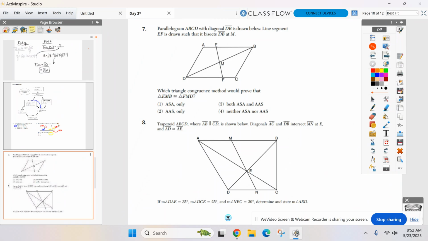Little mini type of proof here. Read through, mark your diagram for me. Read through all the directions, because you might miss something that's important.